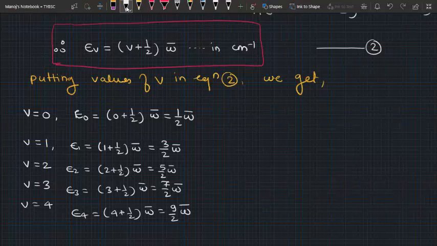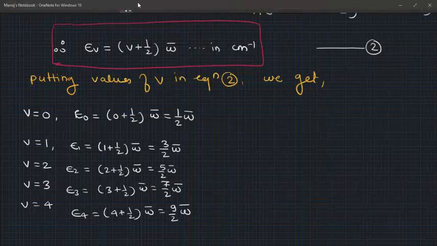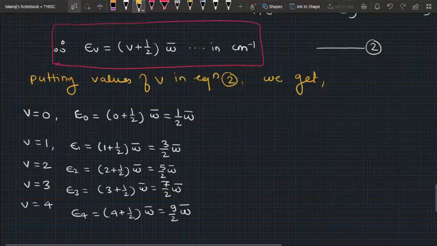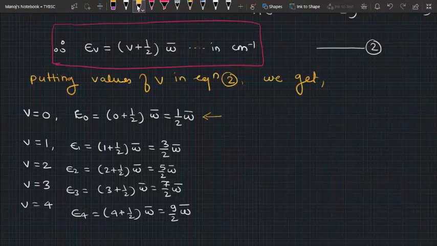Now you observe here, focus here. What is the physical interpretation of this? When the vibrational quantum number value is 0, the corresponding vibrational energy value is epsilon 0, equal to 0 plus 1 half omega bar, which is equal to 1 half omega bar. It means that the molecule's vibrational energy can never be 0.